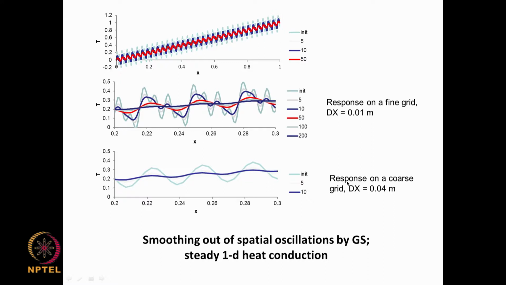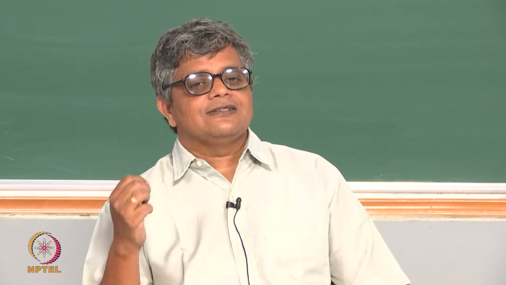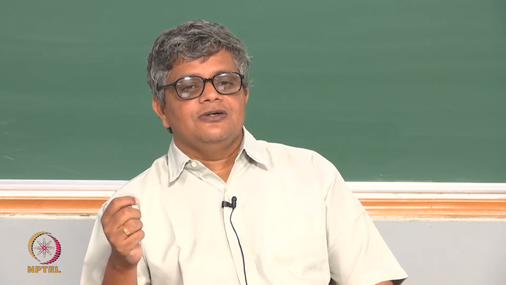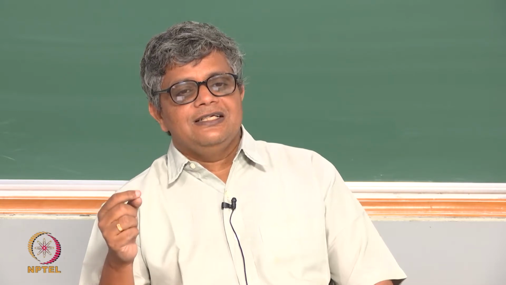But on a coarse grid, where it is like a short wavelength, it has taken only 10 iterations from here to here. That is the efficacy of the Gauss-Seidel method in reducing short wavelength errors, and that is also the weakness of the Gauss-Seidel method in dealing with long wavelength errors.